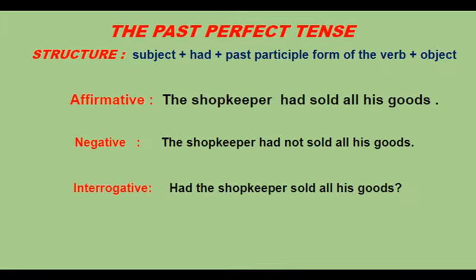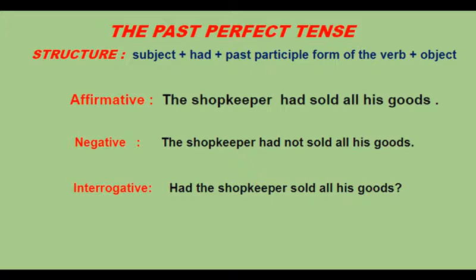Have a look at the affirmative, negative and interrogative sentences. But first, have a look at the structure of the past perfect. So it is subject plus had plus past participle form of the verb plus object. Now, here is the example of the affirmative sentence: The shopkeeper had sold all his goods.